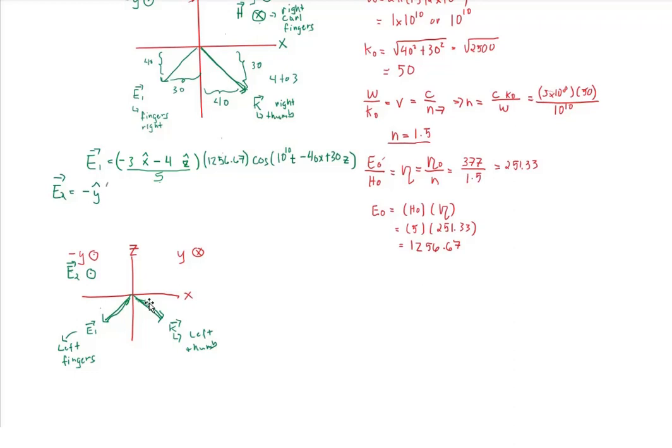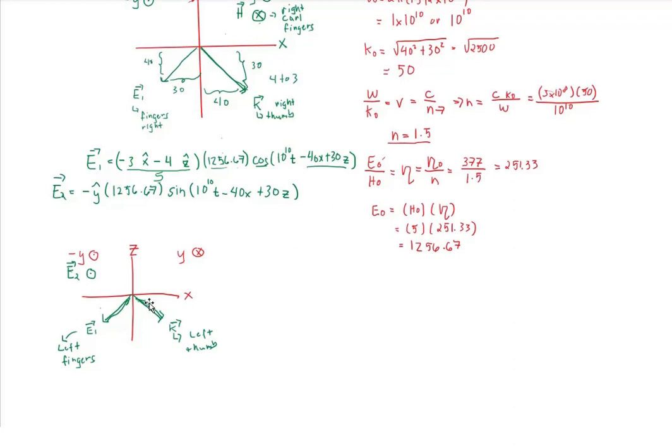Now the magnitude is just going to be the same, 1256.67. Now 90 degrees out of phase with cosine is going to be sine. And that's going to be 10 to the 10th for our omega, and it's still going to be the same k, so negative 40x plus 30z.